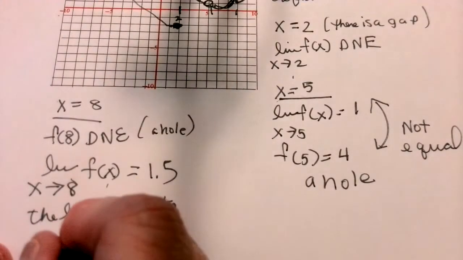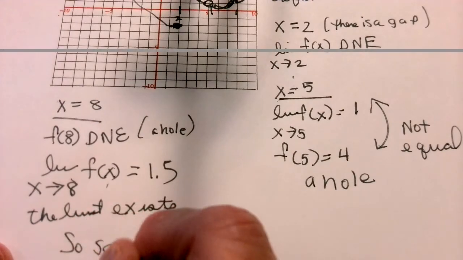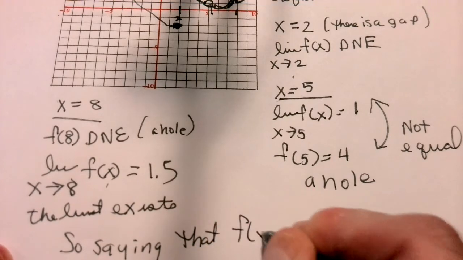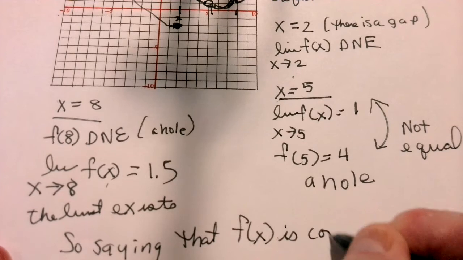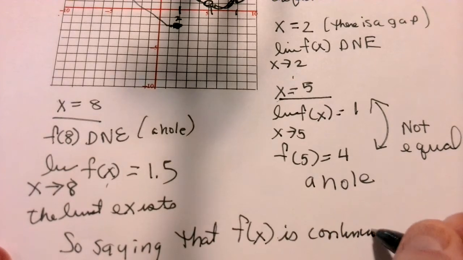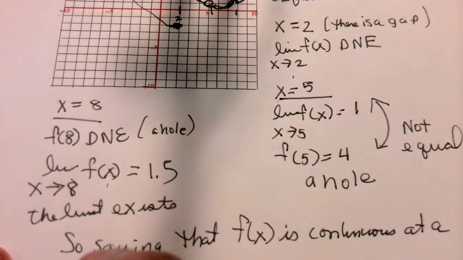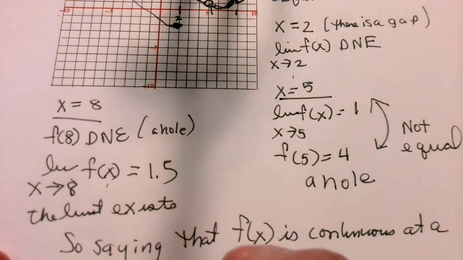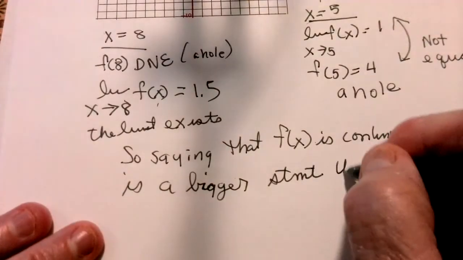But it's not defined. So saying that f of x is continuous at a is a bigger statement than saying the limit exists.